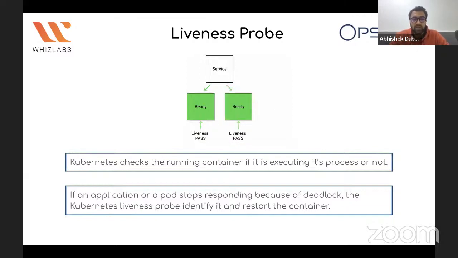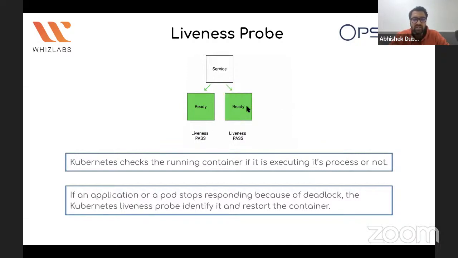So what we can do in the liveness probe is simply say that I have defined a liveness probe. If that particular handler is not succeeding, that means if I'm not getting a healthy health check from this particular pod, I will simply restart the container so that it can make the connection again. So if you see here in this picture, we are doing the same thing. For example, the liveness probe has failed because the pod was in the hung state.